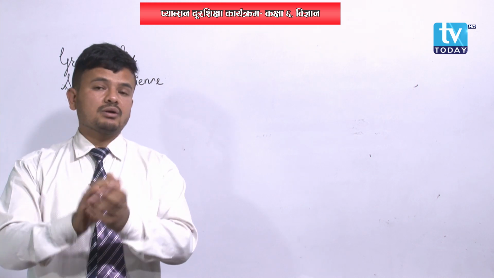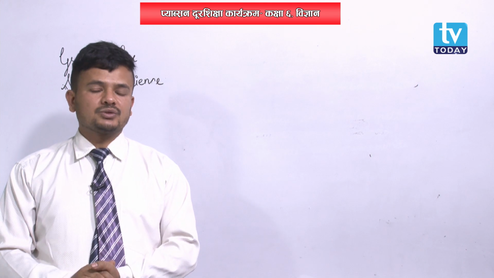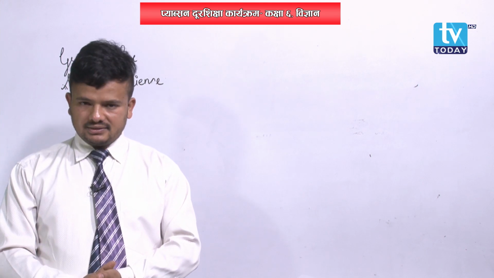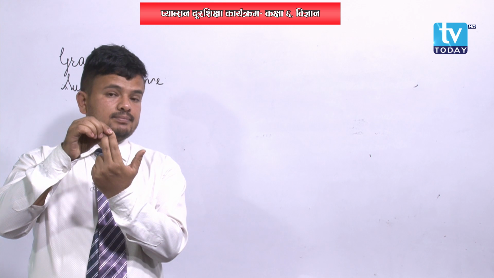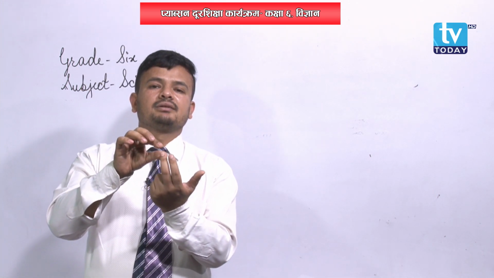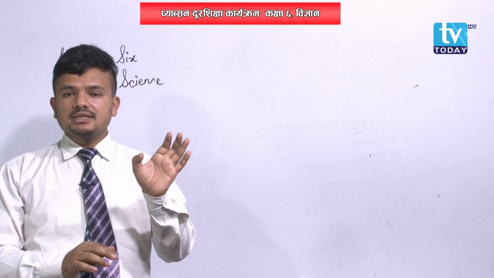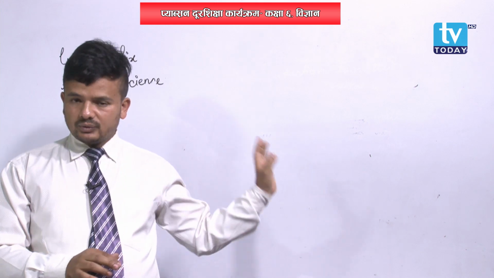Remember, shadow is not matter. Shadow occupies space but it doesn't have mass, so shadow is not matter. So two properties should be there to be matter: it has mass and it should occupy space. Okay, so we studied the properties of solid, liquid and gas.